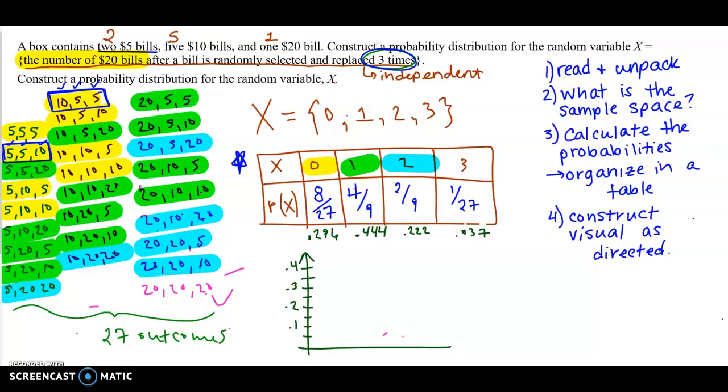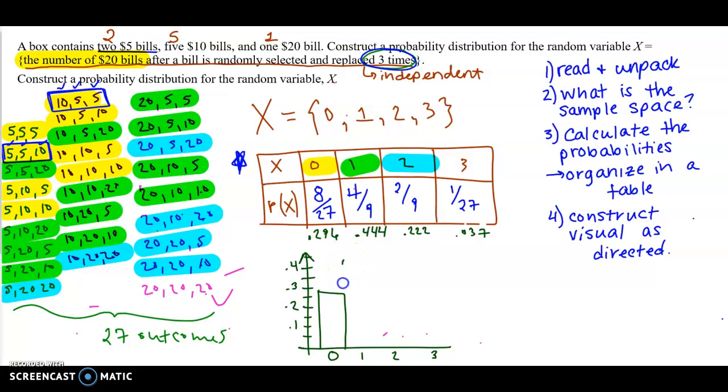Okay. So X is 0, 1, 2, 3. So probability of getting no $20 bill is 0.296, which is very, very close to 0.3. Go ahead and just do that. 1 is 0.44 repeating, so this is about 0.45.